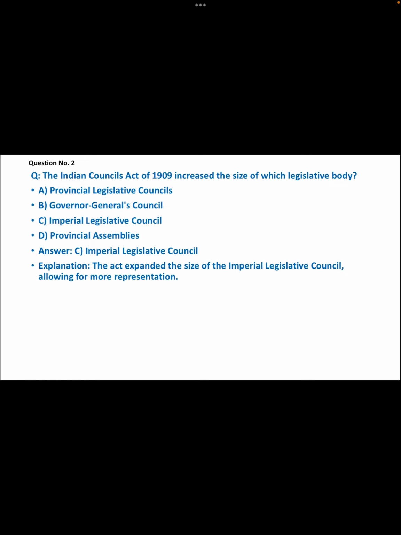The second question is about 1909, and the question is this: the Indian Councils Act of 1909 increased the size of which legislative body? A. Provincial legislative assemblies, B. Provincial legislative councils, C. Imperial Legislative Council, D. Governor General's Council.